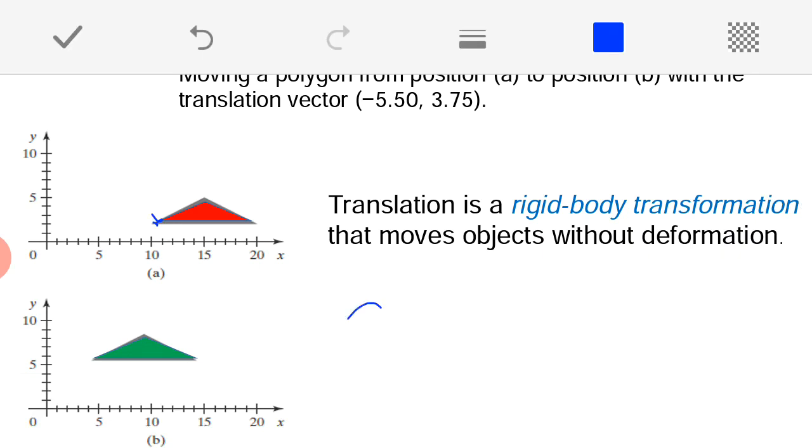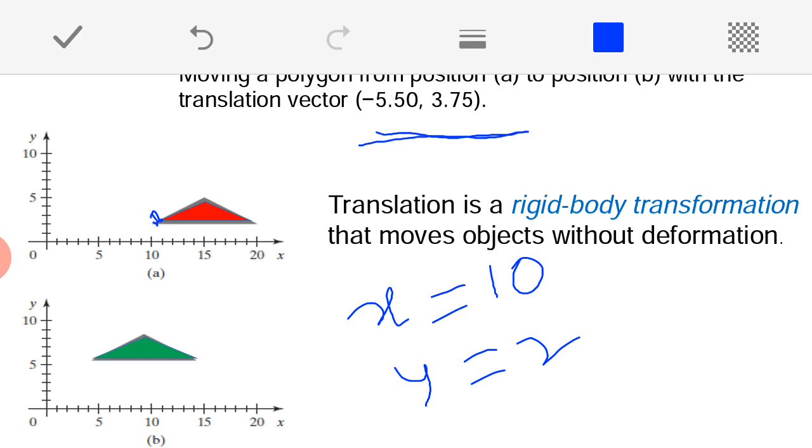X is equal to 10 and y value is around 2. Now, what are my translation factors in the vector which are stored? These are my translation factors. Tx is 5.50 and what is Ty?